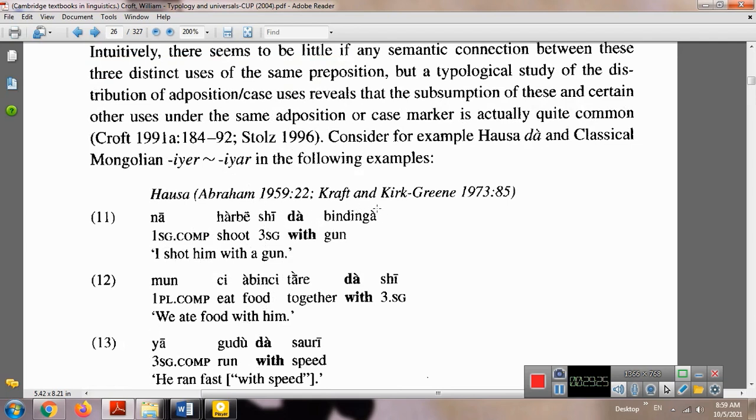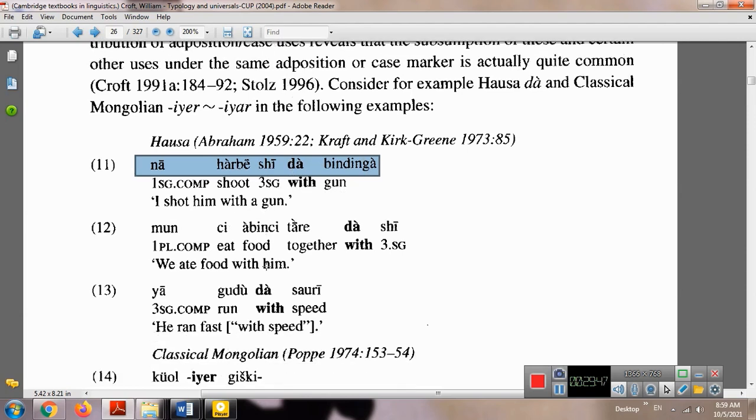Okay, here you can see the examples of this language, Hausa. At first we have the first person singular, and then the third singular, da meaning with, and gun: I shot him with a gun.